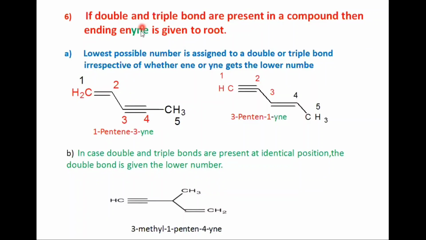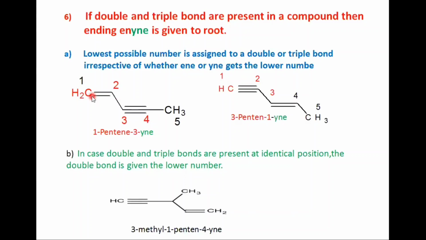The lowest possible number is assigned to a double or a triple bond irrespective of whether "-ene" or "-yne" gets the lower number. It means that we should assign the lowest possible number to a double or a triple bond irrespective of whether "-ene" or "-yne" gets the lower number. For example, here is a compound, the longest chain contains 1, 2, 3, 4, 5 carbons.